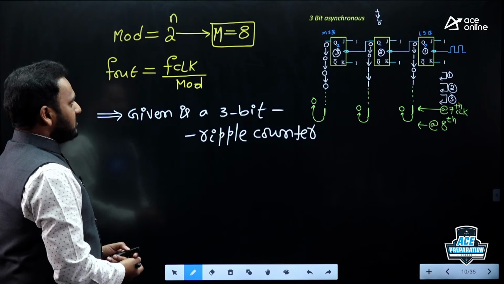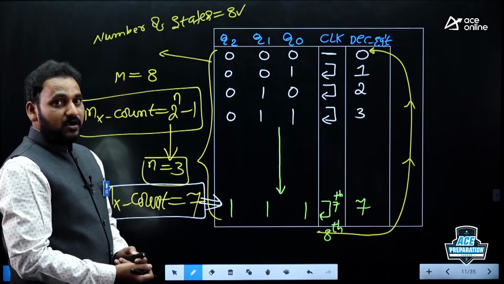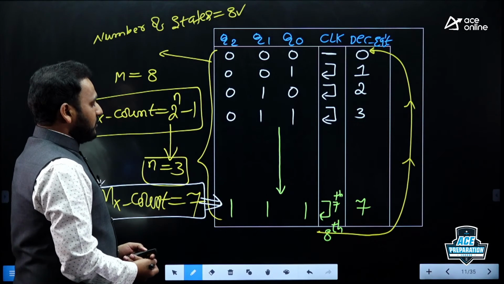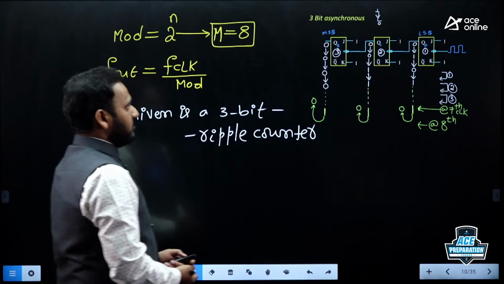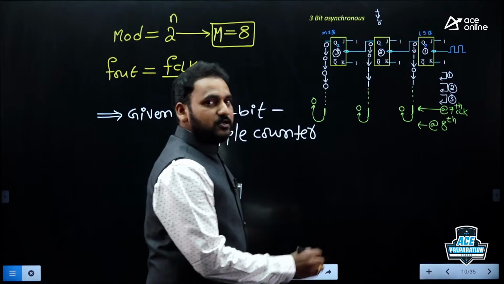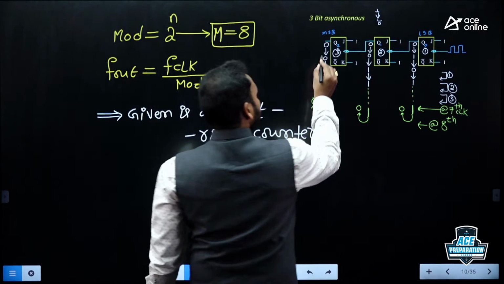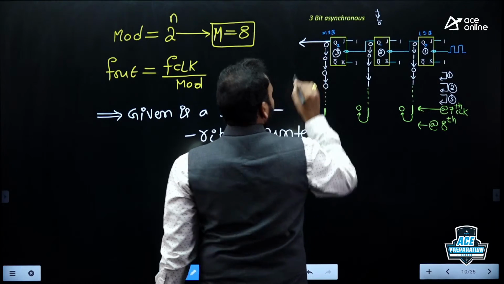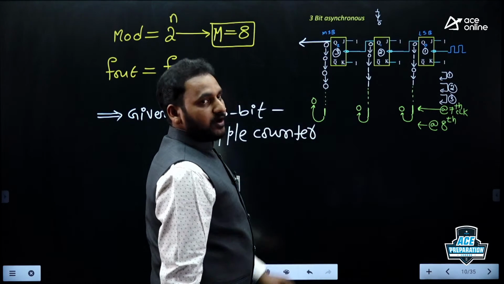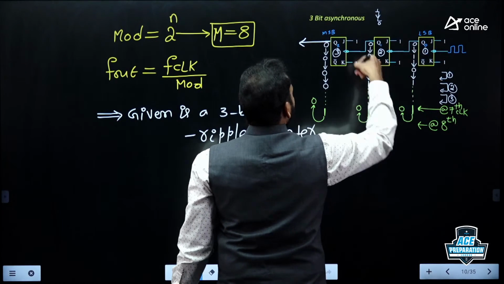So this is the basic information about the n-bit or 3-bit asynchronous counter. You can find questions like this. For example, for the given counter, input frequency is 8 kilohertz, assume. What is the output frequency? Output frequency means the frequency at Q2 here. The output frequency at this point is equal to input frequency divided by its modulus number.